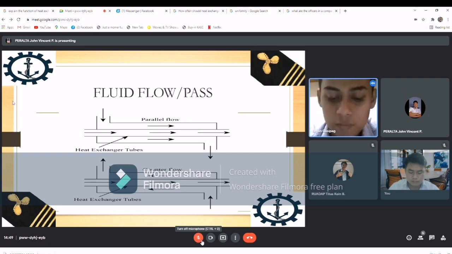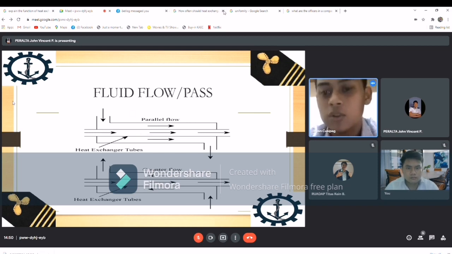This design is advantageous when the two fluids are required to be brought to nearly the same temperature. It is better to use counterflow when we want the same temperature, but if we want a transition, hot to cold, cold to hot, the kind of flow we use is parallel. That's all.